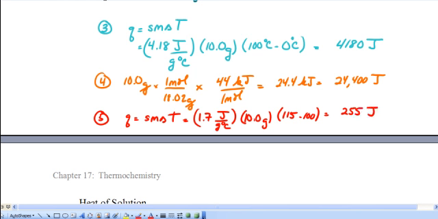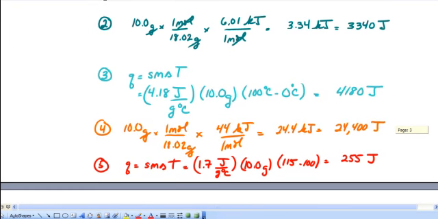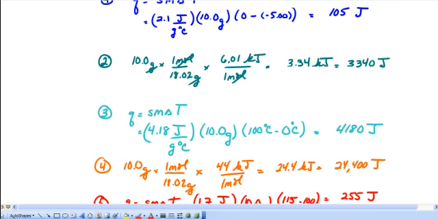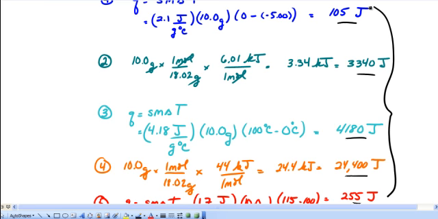And so now, if we add up all of those quantities, can we get them all on one page? Yeah, almost. Yep, there we go. If we take all of these energies and add them up, the energy it takes to raise the ice up, melt it, bring the water up to boiling, boil it, and bring the steam up to a temperature, we have 105 plus 3340 plus 4180 plus 24,400 plus 255.